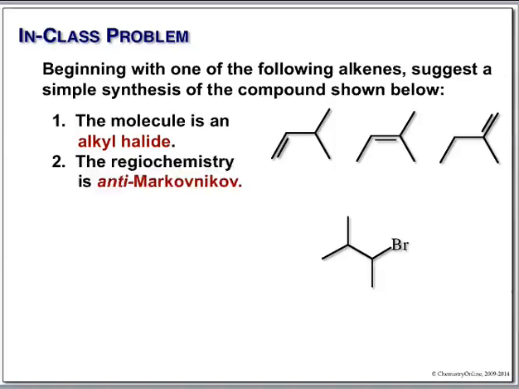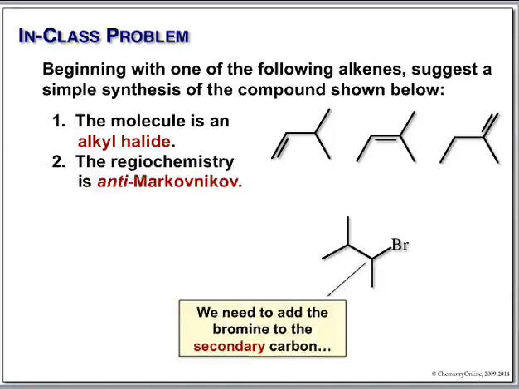This is anti-Markovnikov. How do you know to distinguish between anti and Markovnikov? Well, you look at your whole molecule. Is the bromine attached to the carbon that would have given the most stable carbocation? That's all. No, it's not. That would be here. We're attaching to the secondary carbon.